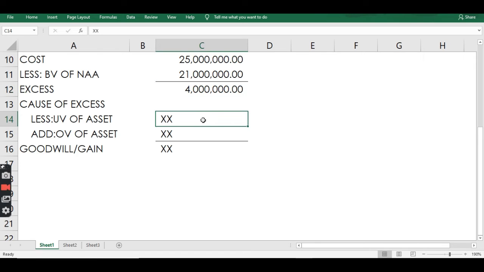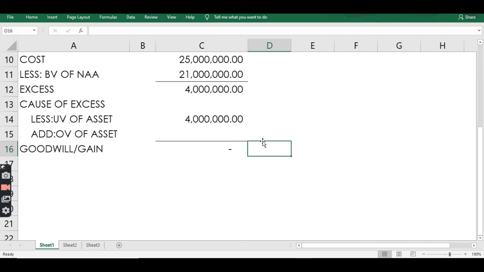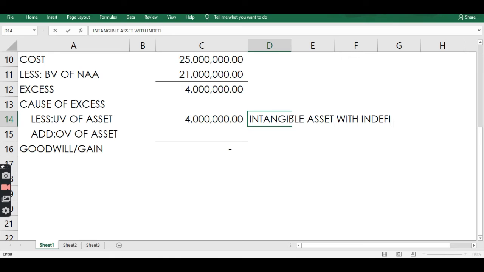So, ibig sabihin, dito pala galing yun. So, 4 million. Diba? Ibabawas ito. Ito yung excess, ibawas mo to. So, ibig sabihin, walang goodwill, walang gain. Pero ito, this is attributable to intangible asset with indefinite life.